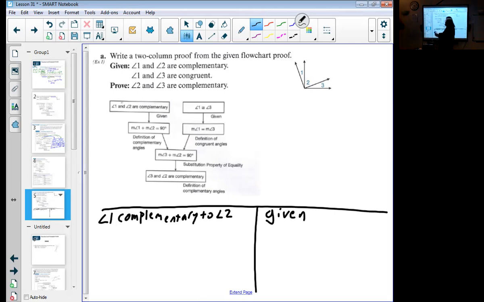So we know that measure of angle 1 plus the measure of angle 2 is equal to 90 degrees. All we're doing is following the arrows. Here we only had one arrow going in, so we can just put it next to each other, because that makes it a lot easier to read. And that is the definition of complementary angles.